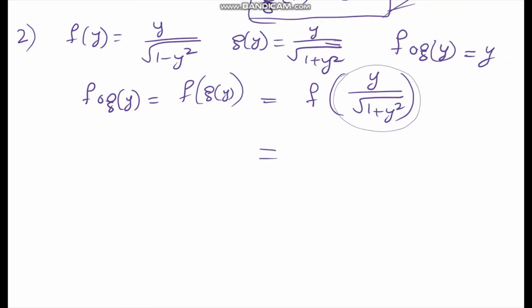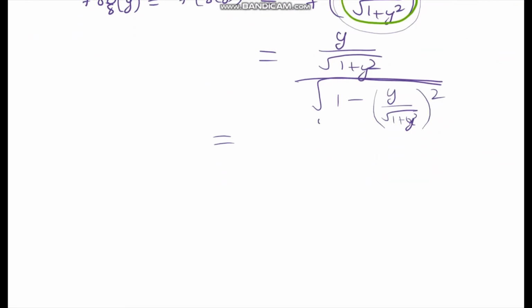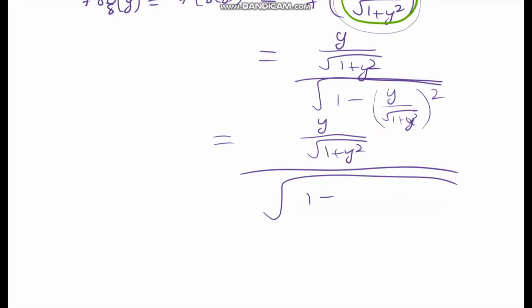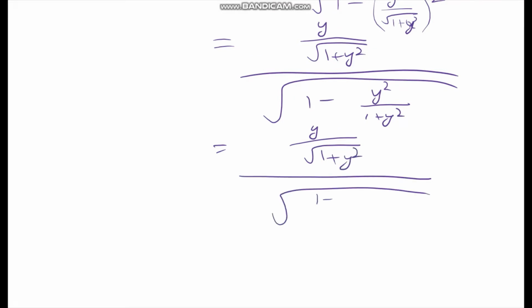In the place of this y, I need to substitute this entire value here, so it becomes y by root 1 plus y square, divided by root 1 minus y by root 1 plus y square whole square, that equals y by root 1 plus y square, divided by the square root of 1 minus y square by 1 plus y square, taking the LCM here, 1 plus y square minus y square by 1 plus y square.